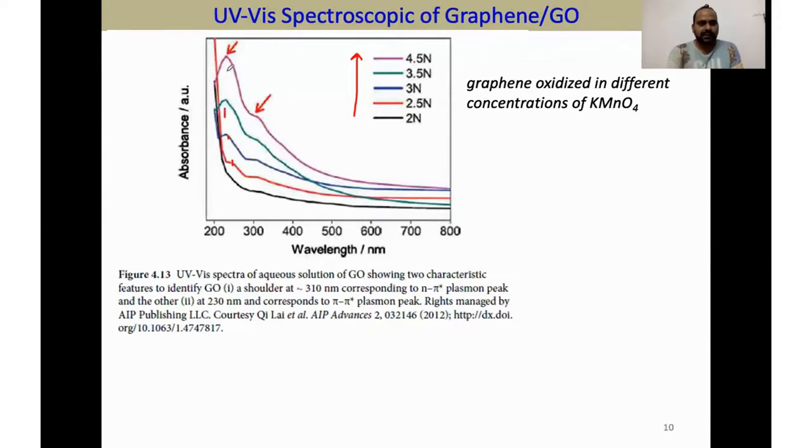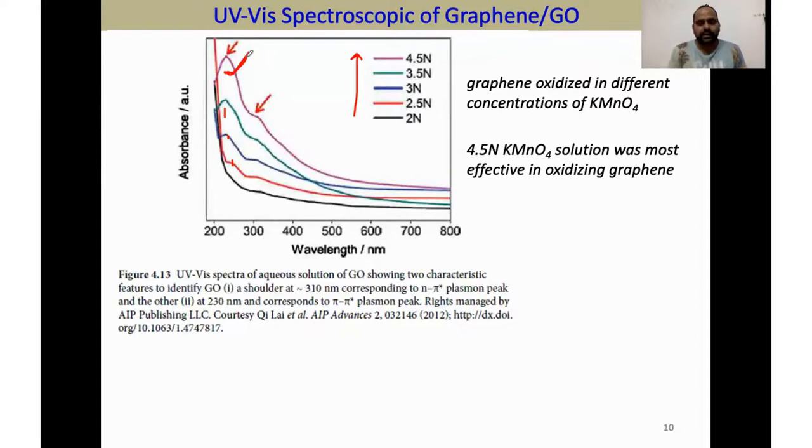Because it has the highest number of oxygen functional groups. So we get information that the 4.5 N KMnO4 solution was most effective in oxidizing the graphene.